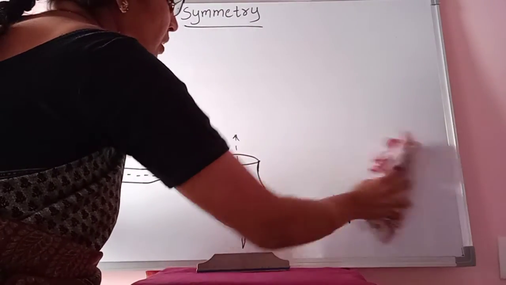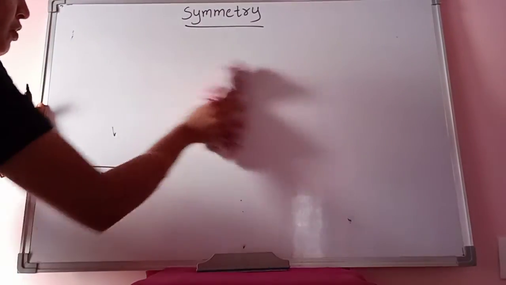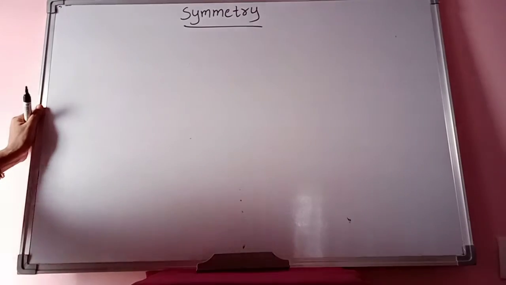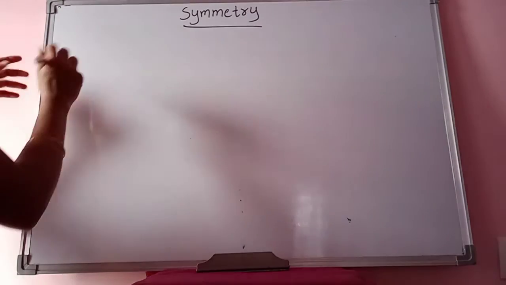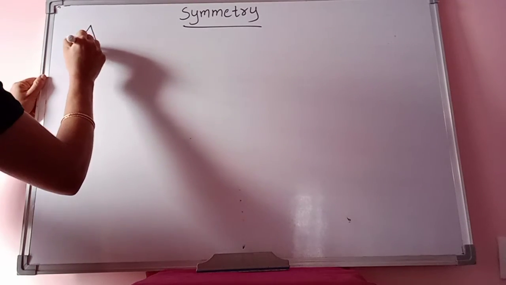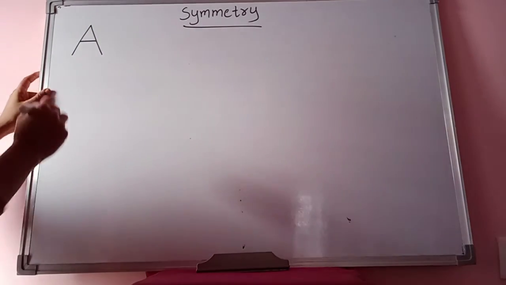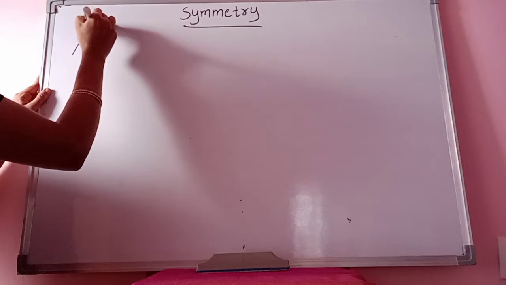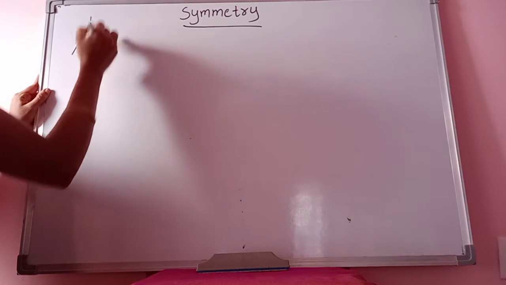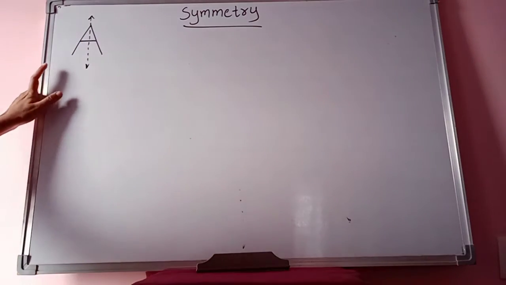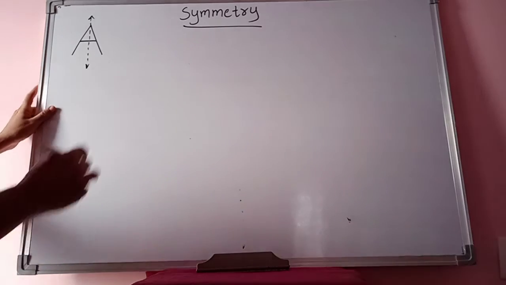Okay, children. Now, if you observe the letters A to Z, does letter A have symmetry or not? Yes, it has a vertical line of symmetry. One symmetry it has, that is the vertical line of symmetry.